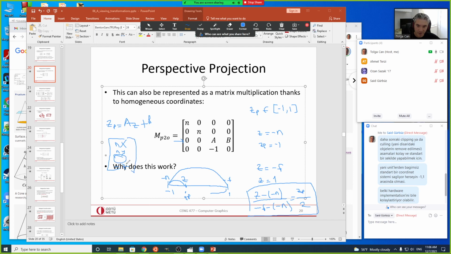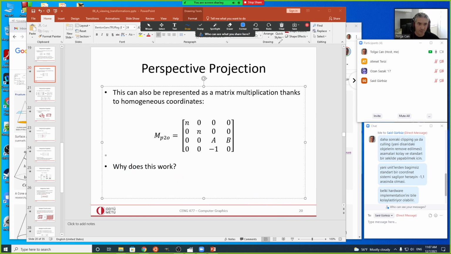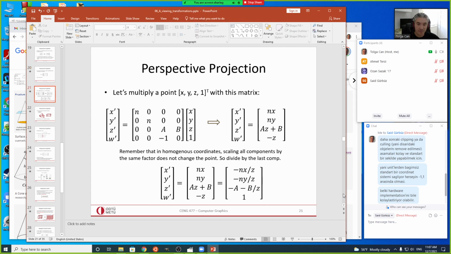The depth value will range from -1 to 1, and it's going to be increasing as the objects get farther away from the near image plane. And that's it. This difficult perspective projection, we can find easily by making use of the last row, now not 0, 0, 1 anymore, it's 0, 0, -1, 0.